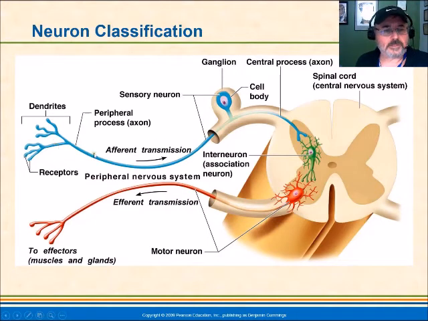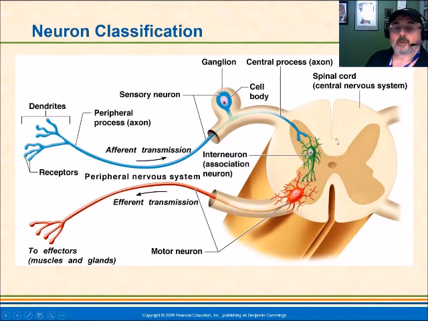And so we have sensory here. We have the cell bodies of sensory neurons in a ganglia, which is outside the central nervous system, and then they carry their signal to the interneuron, which is located in the gray matter of the spinal column in this case.